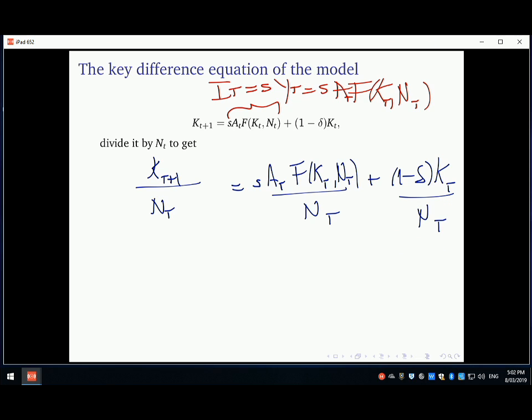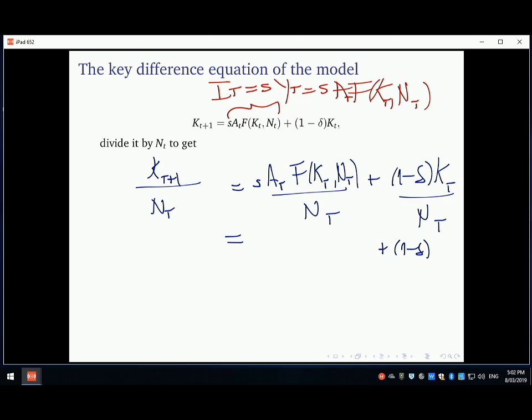And you will have to do this when we think about this model extended. Sometimes we're going to add new features to this model. And then all the time when you want to think about long-run equilibrium and measures of per capita, you will have to divide by N_t or potentially by something else. But this is just an important trick. On the right-hand side, things are very straightforward. So let's just start from this.